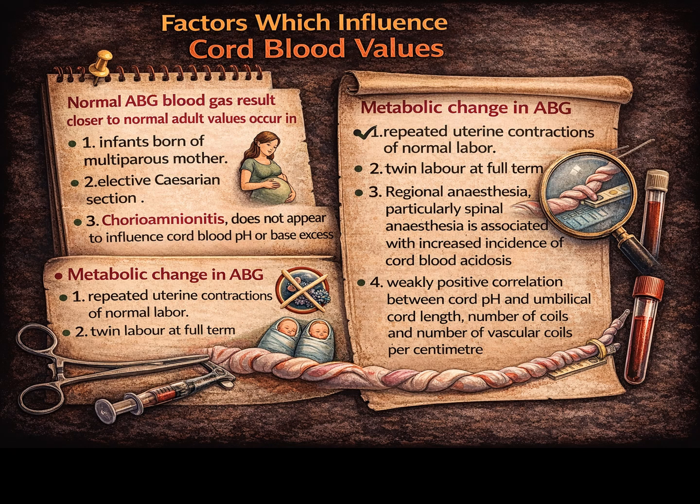Chorioamnionitis doesn't appear to influence cord blood pH or base excess, whereas metabolic changes occur with the repeated uterine contractions of normal labor, and in twin pregnancy due to the stress. Regional anesthesia, particularly spinal anesthesia, is associated with increased incidence of cord blood acidosis. There is a weakly positive correlation between the cord pH and umbilical cord length, number of coils, and number of vascular coils per centimeter.